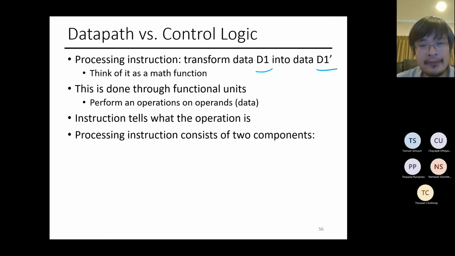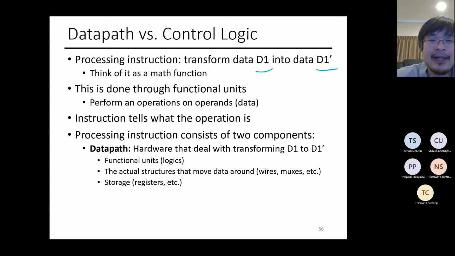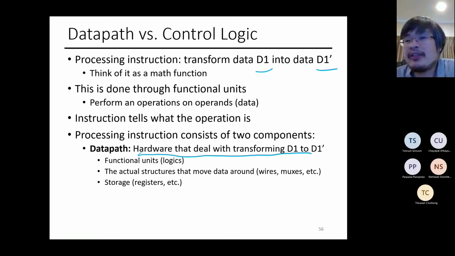And then you process an instruction with two main components. The data path is the hardware that deals with the operation itself, the one that transforms D1 to D1 prime, like the adder, which would be functional units, and the storage, right? The actual structures that move the data around, like wires, or mux or demux, right?